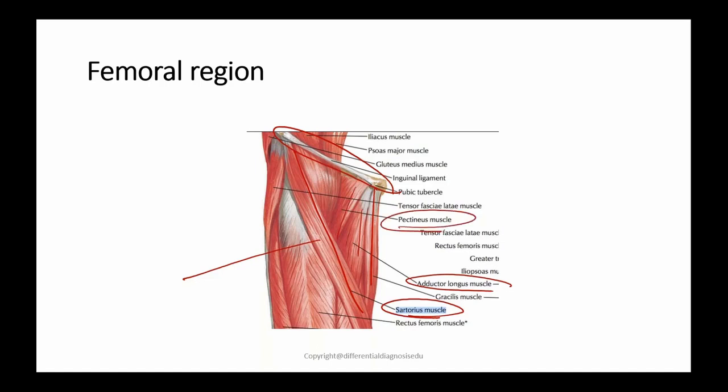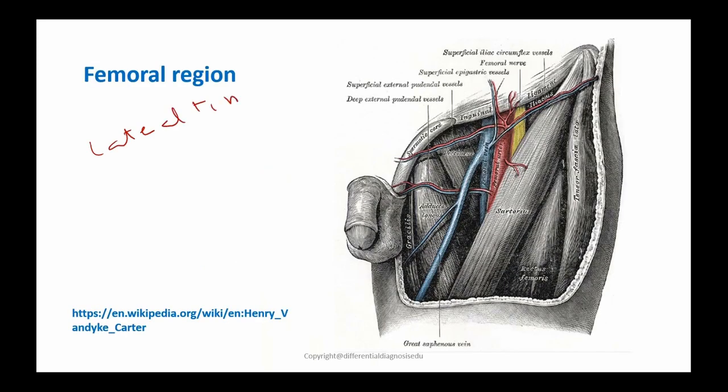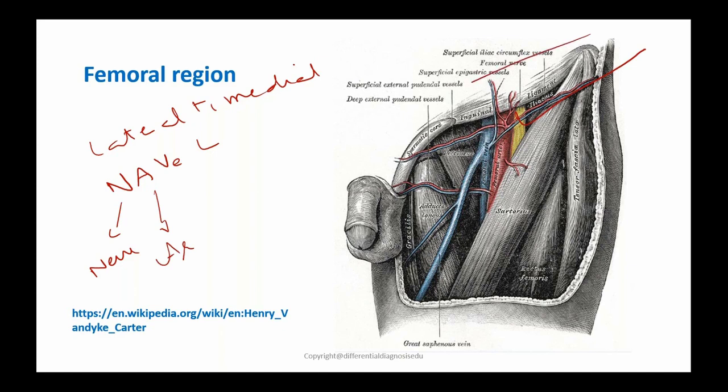From lateral to medial side, the mnemonic is NAVEL. N-A-V-E-L. N is nerve. A is artery. So we are moving in this direction, lateral to medial: nerve, artery.